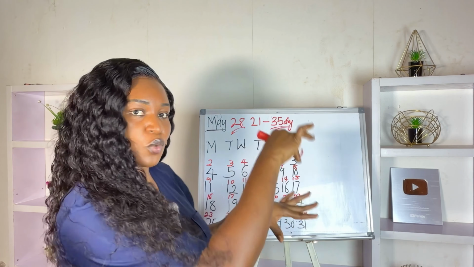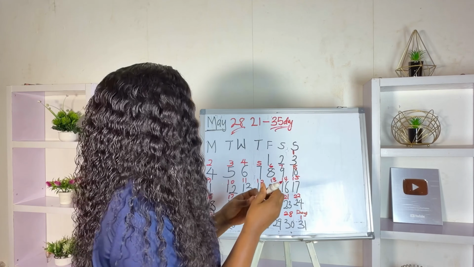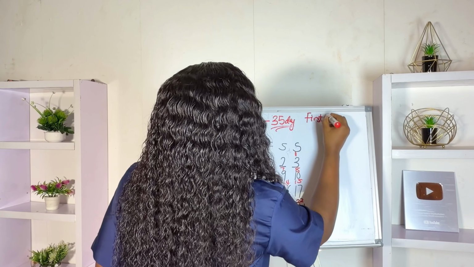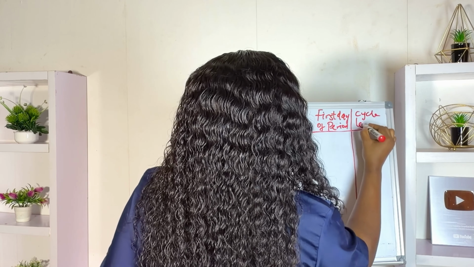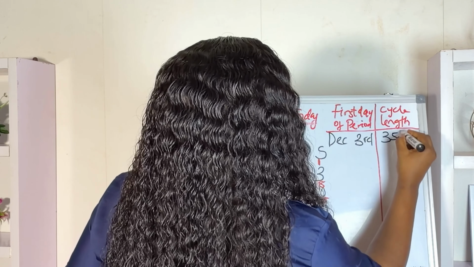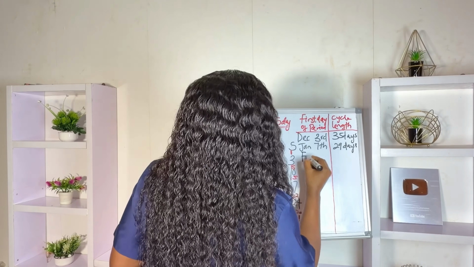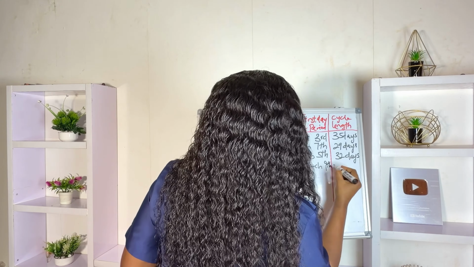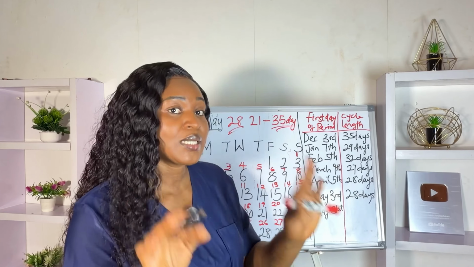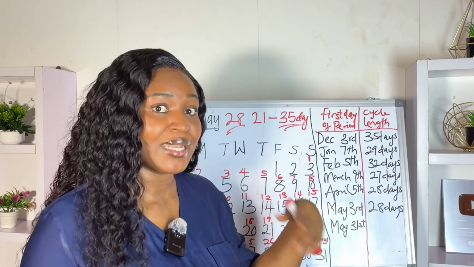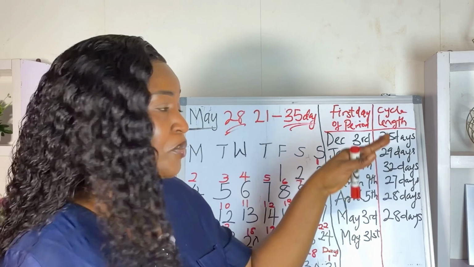So let me just work on that. Now we have the 6 months period date of this lady, and I'll need you to pay close attention to what I'm going to be doing now.